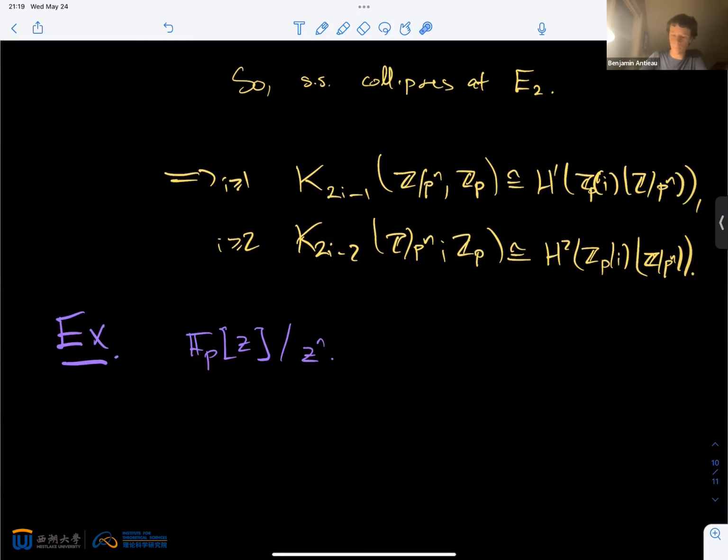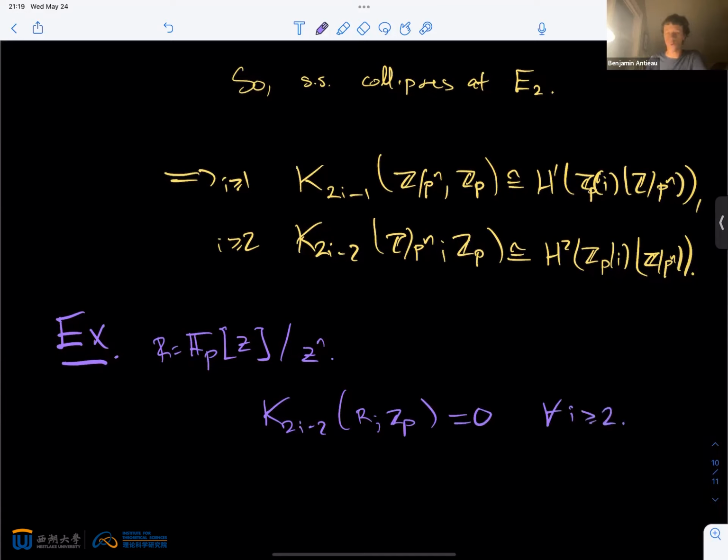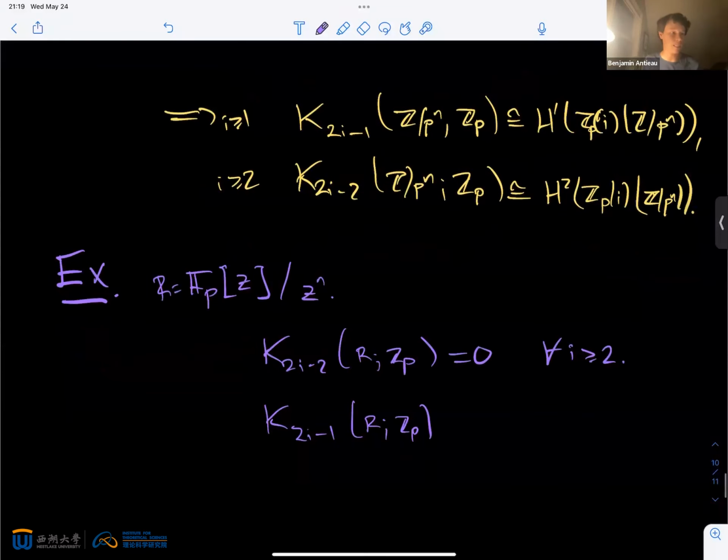And let me just mention the result of the argument in this case, which is first of all that K2I -2 of this ring with p-adic coefficients is 0 for all I at least 2. So all of the even K groups vanish, and K2I -1 is isomorphic to some specific group.